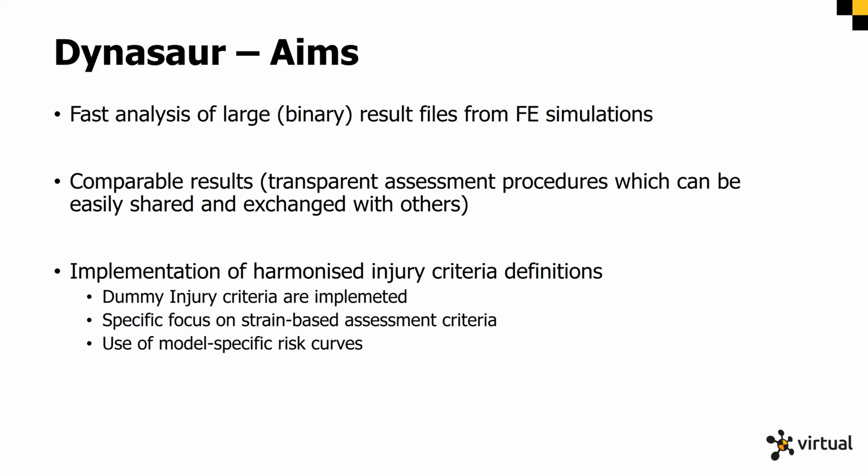It's also possible to use more specific risk curves. That's why we have made this special file structure, so that your risk curve can come along with your specific model that you want to use.